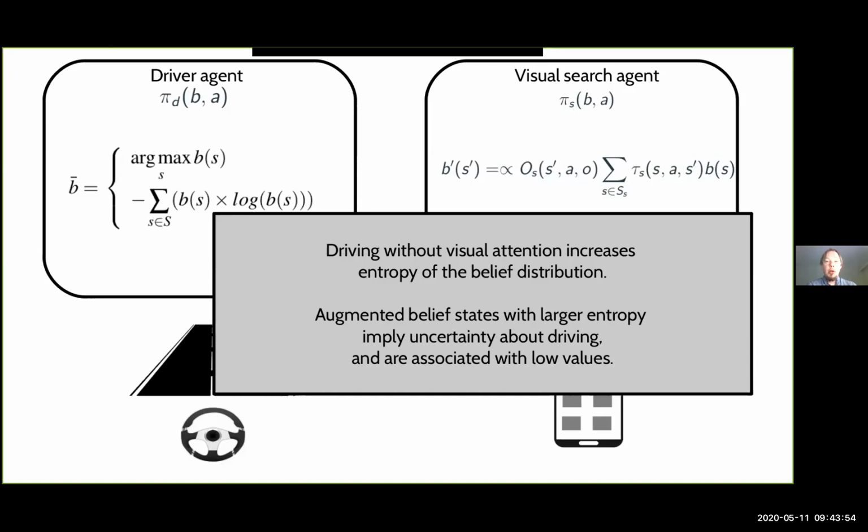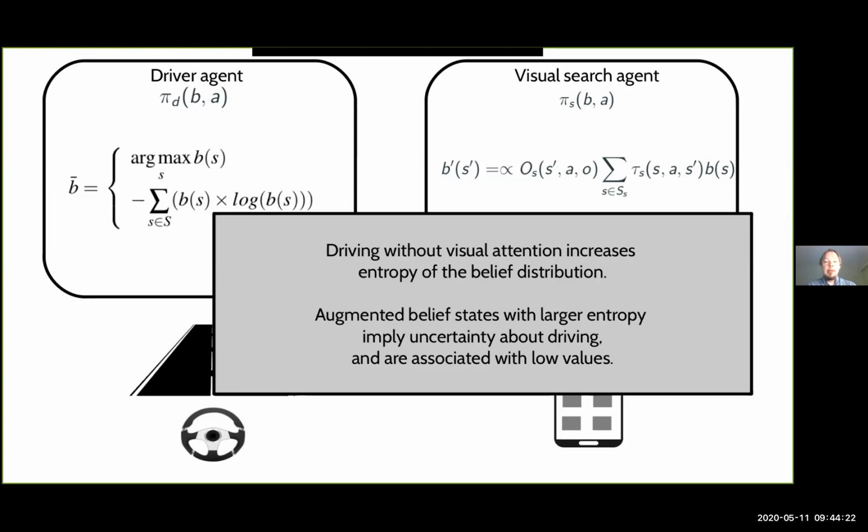What the agent has learned during training of the policy is that when the uncertainty is high, that is, when the belief distribution's entropy is high, the values of any actions are generally low. So there is a risk of accidents when the driver closes their eyes for too long.